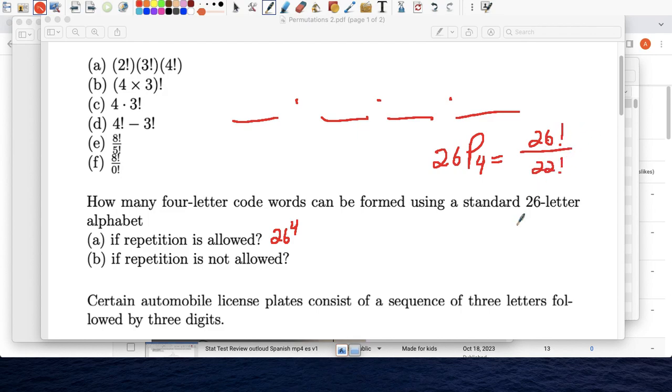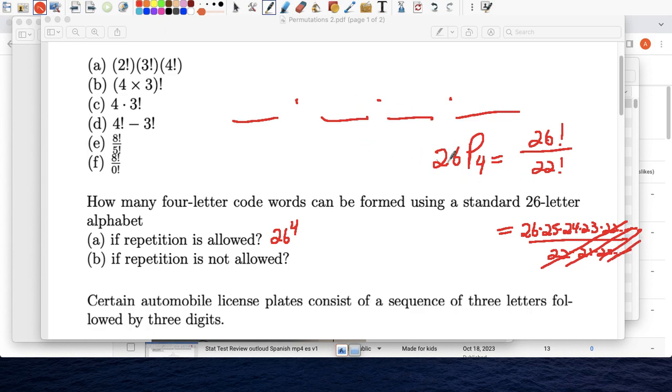If you expand that out, remember, it's 26 times 25 times 24 times 23 times 22 dot dot dot over 22 times 21 times 20 dot dot dot. So notice that everything from 22 down will simplify.